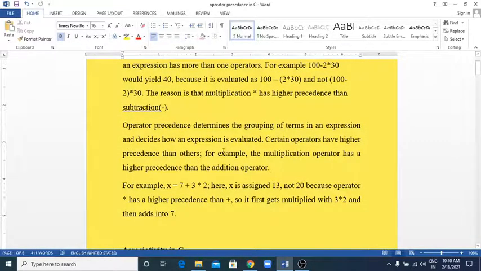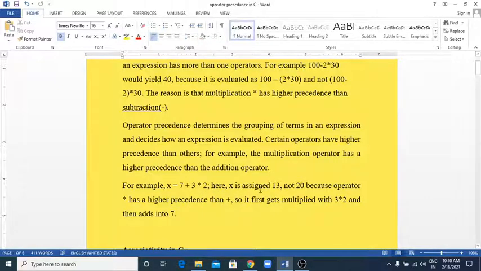The operator precedence determines the grouping of terms in an expression and decides how the expression is evaluated. Certain operators have higher precedence than others. For example, the multiplication operator has higher precedence than the addition operator. For example, x equal to 7 plus 3 into 2.